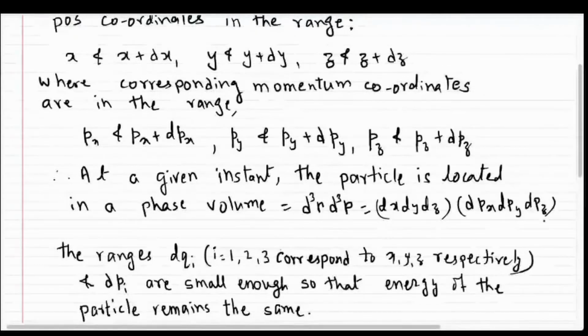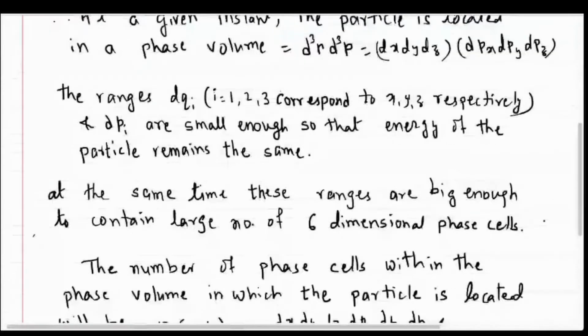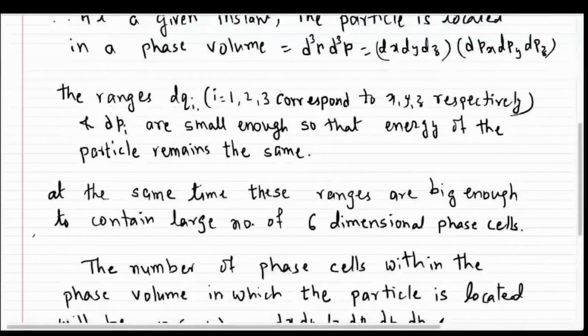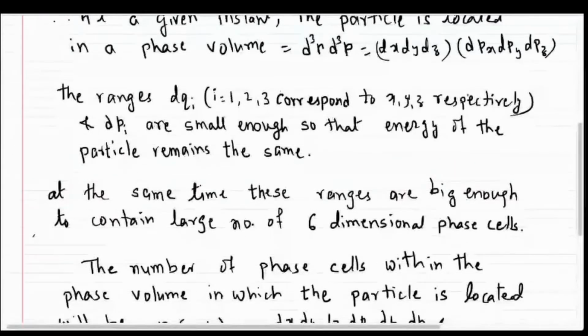Now the ranges dqi, where i is 1, 2, 3, which corresponds to x, y, z respectively, and dpi in the same way, i equal to 1, 2, 3 corresponding to x, y, z respectively, are small enough so that the energy of the particle remains the same.